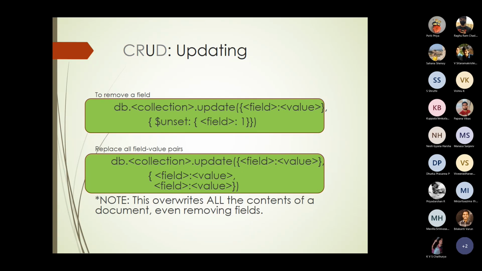This is to remove a particular field. Update field value, $unset is the option we will use. So for that particular field, that field will be removed from all the documents.